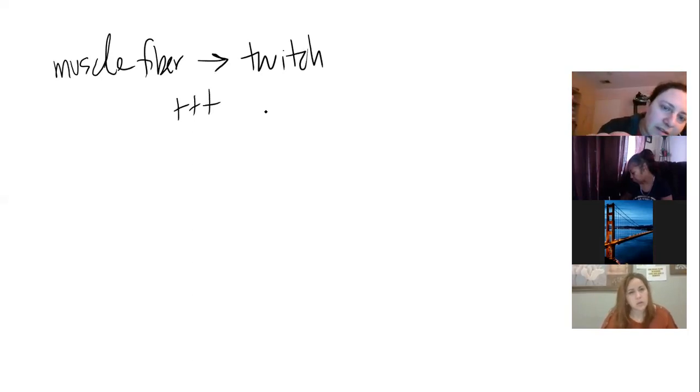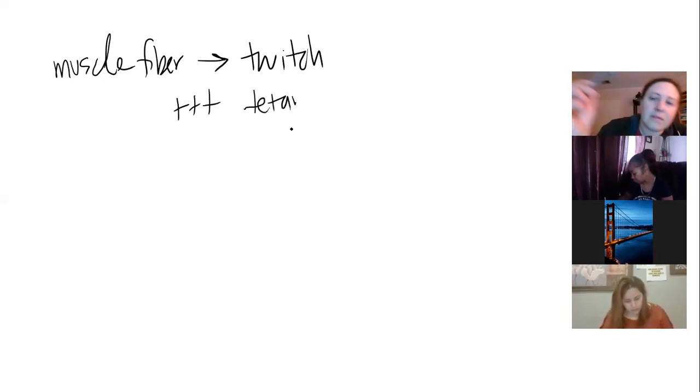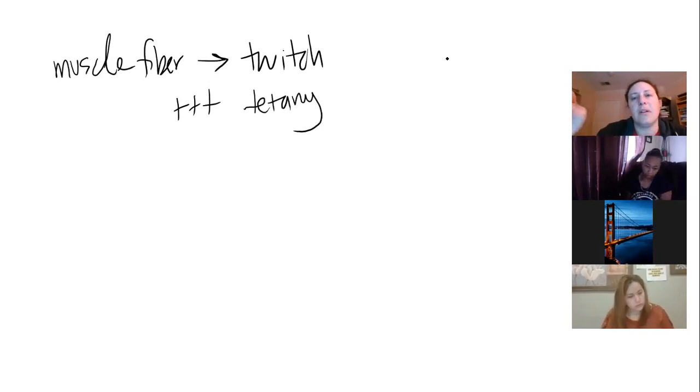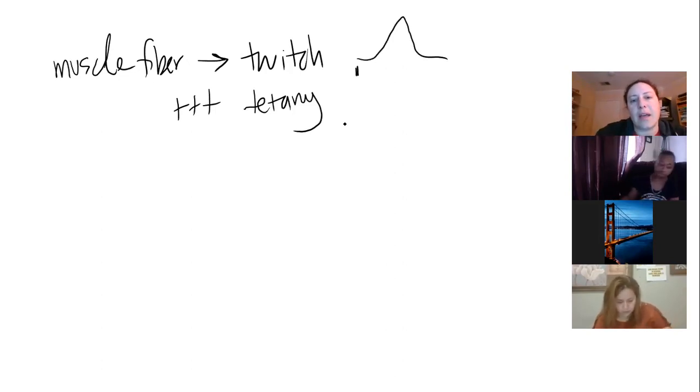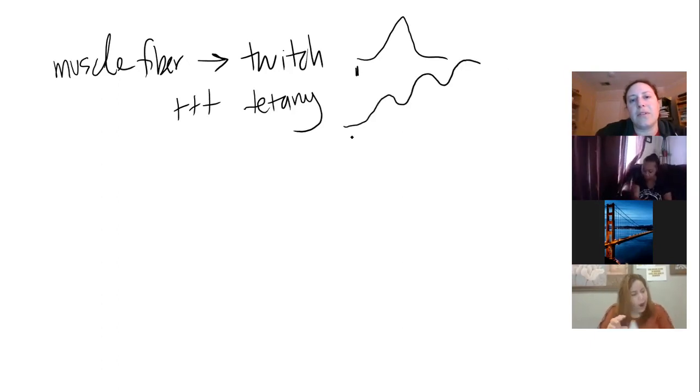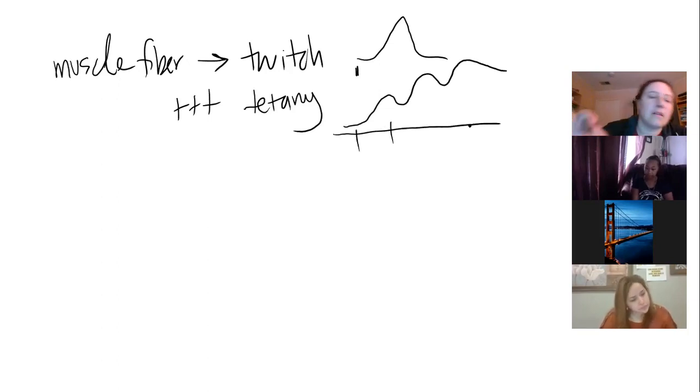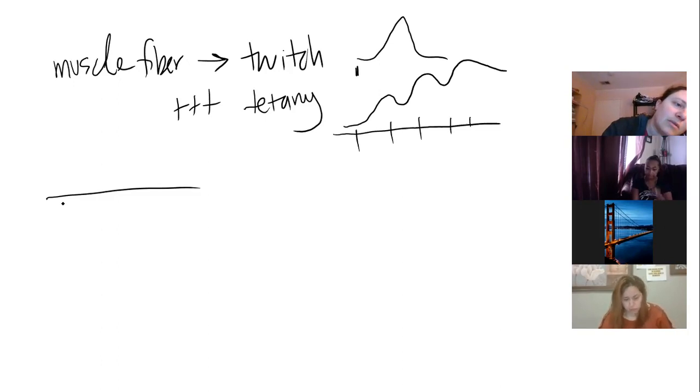So that's going to lead us to more of a muscle tetany. So a twitch is a single increase in force in response to a single stimulus. And then we can get additional force as we continue to stimulate. And if we keep stimulating rapidly, we get maximum sustained force.